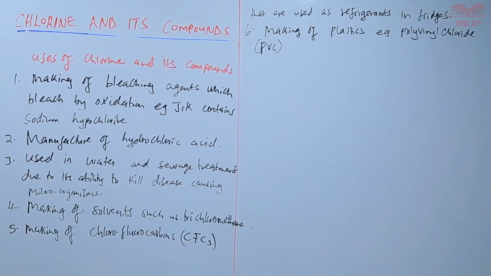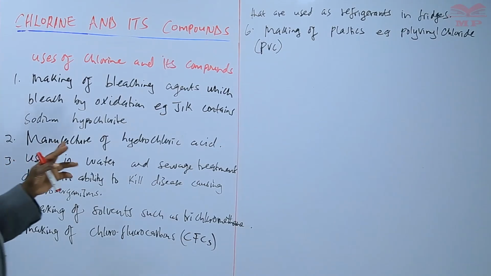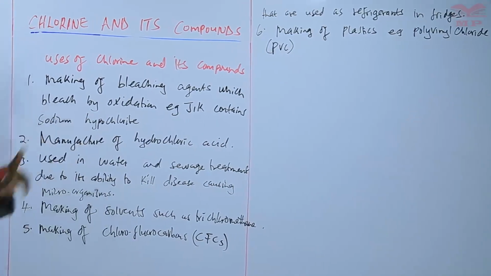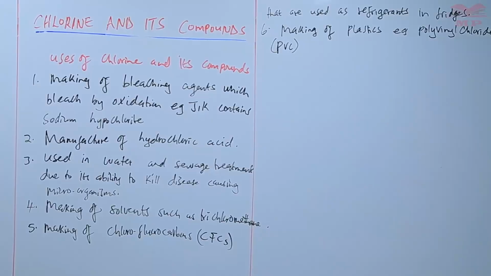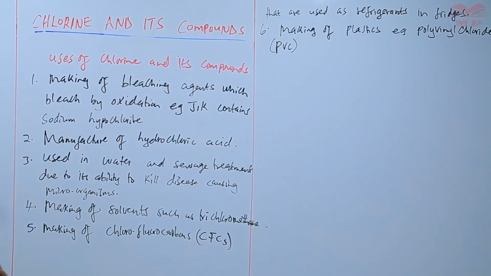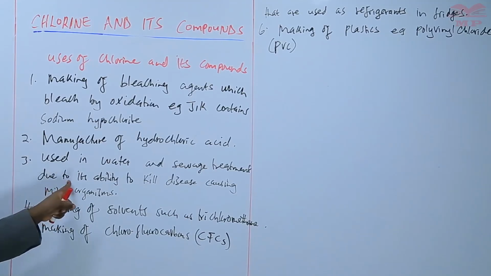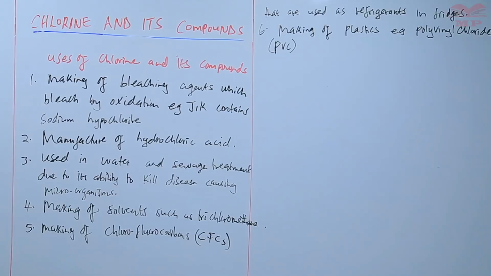So basically we have seen a number of uses. Making of bleaching agents, because chlorine bleaches by oxidation, such as Jik contains sodium hypochlorite. Number 2, manufacture of hydrochloric acid that we shall discuss later. Also, chlorine is used in water and sewage treatment because it has the ability to kill disease-causing microorganisms.